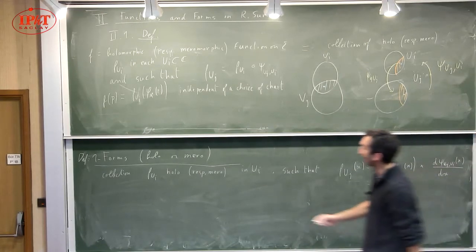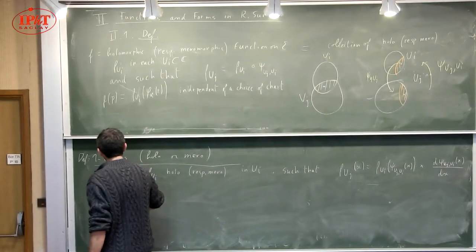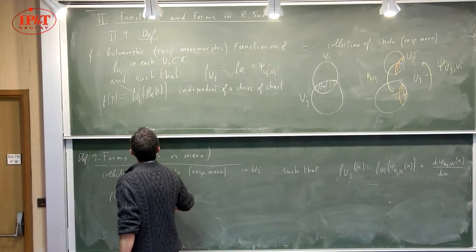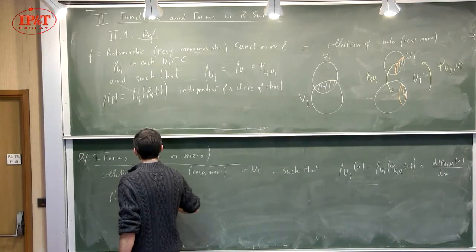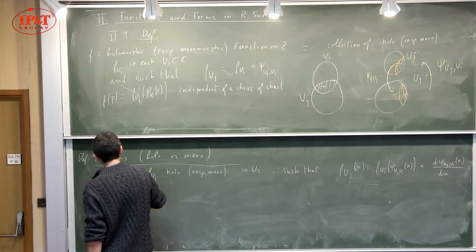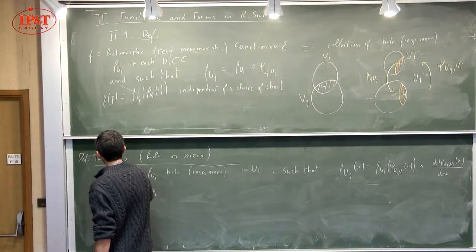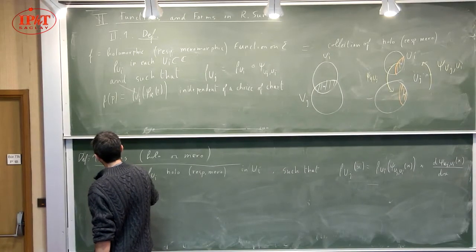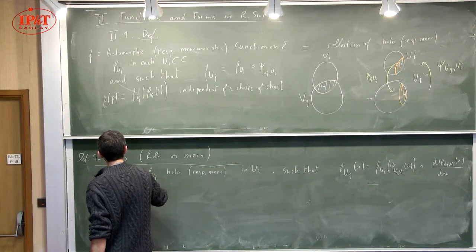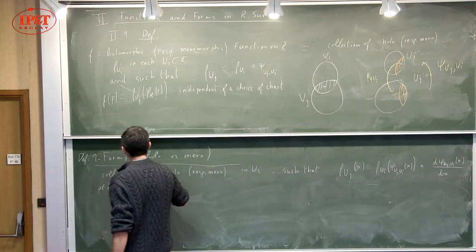So which means that now f(p) equals f_{U_i}(phi_i(p)). Basically what I'm going to write is that p belongs to the surface, phi_{U_i}(p) equals x belonging to U_i.